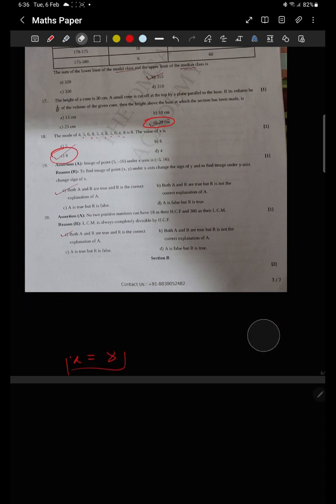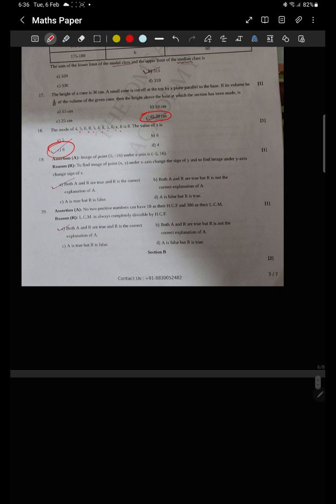Next questions are assertion and reason based. First, the 19th question. Assertion: the image of (5, minus 16) under the x-axis is (minus 5, 16). To find the image of point (x, y) under the x-axis, change the sign of y.